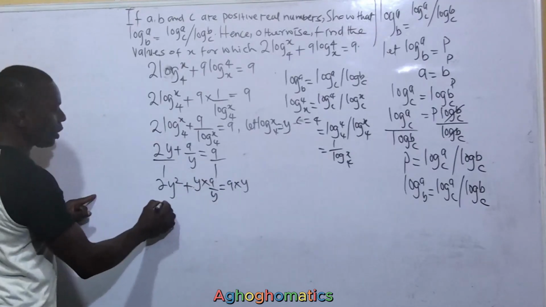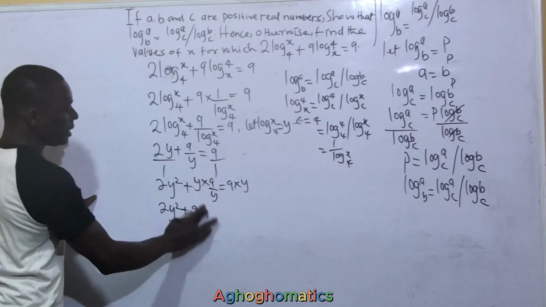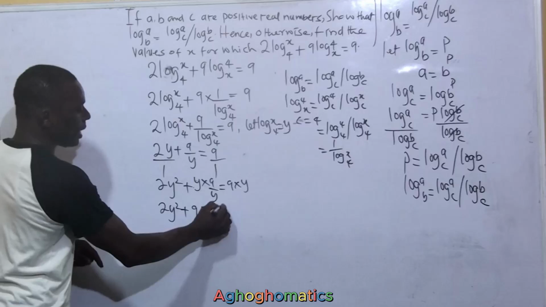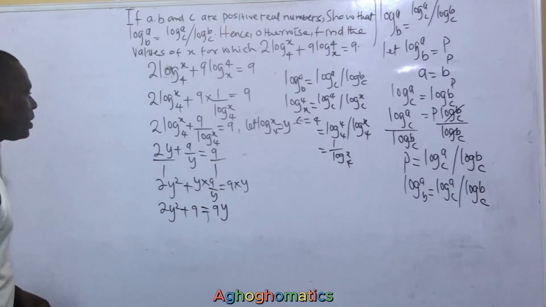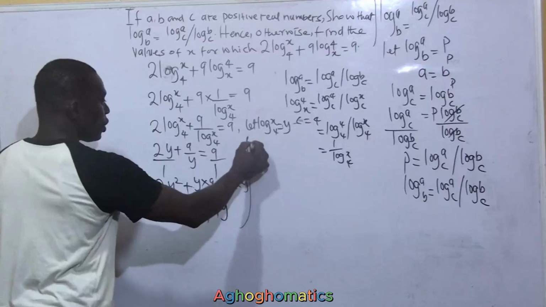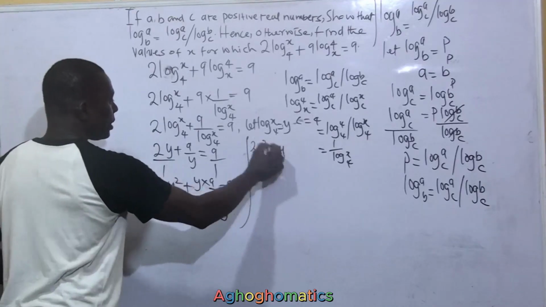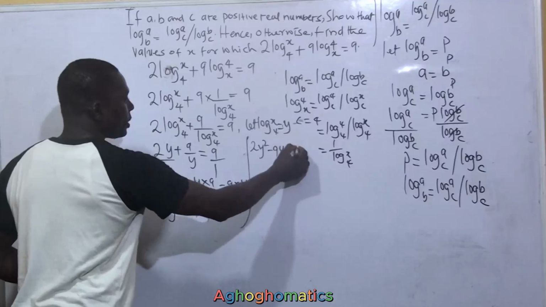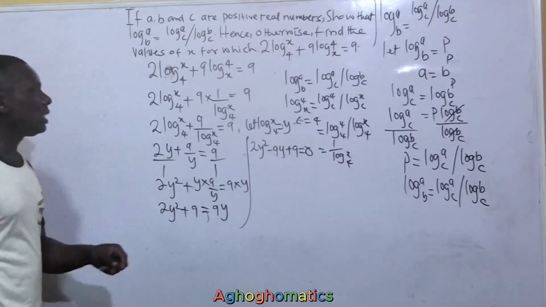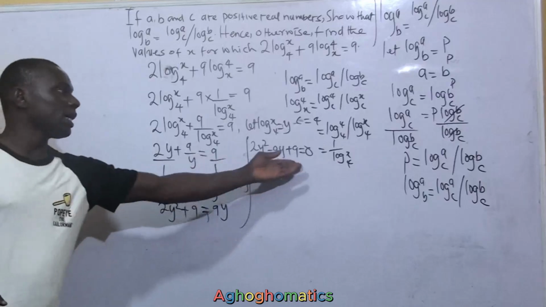So this becomes 2y squared plus 9 is equal to 9y. To proceed further, we move this one here. This becomes 2y squared minus 9y plus 9 is equal to 0. You see here that everything has turned into a quadratic equation.